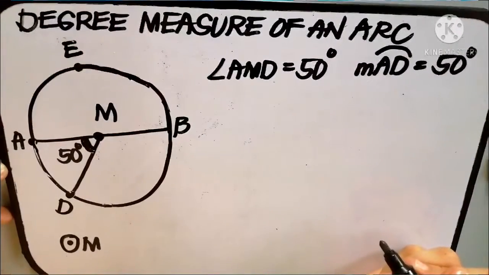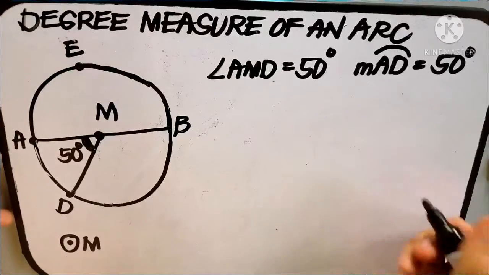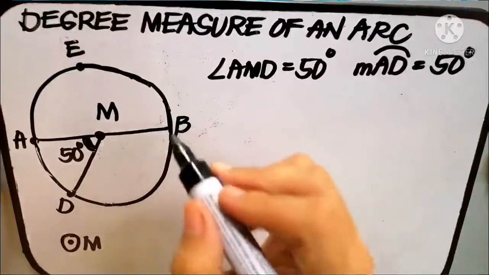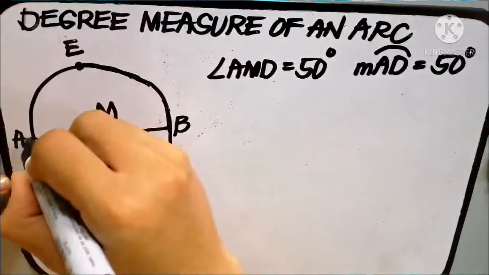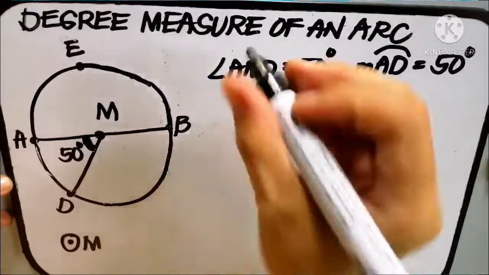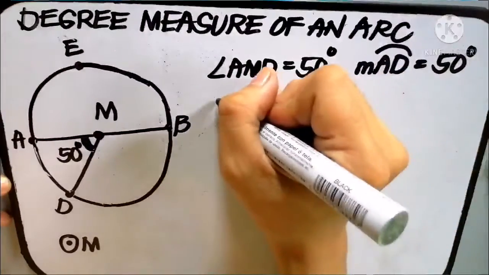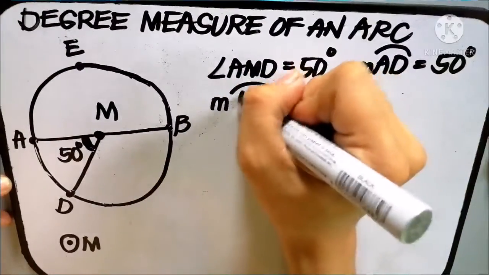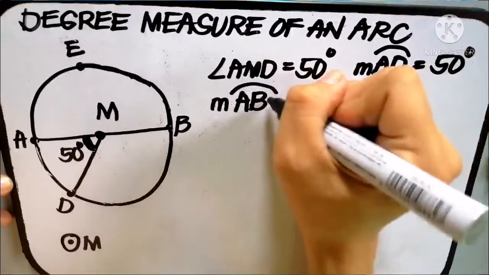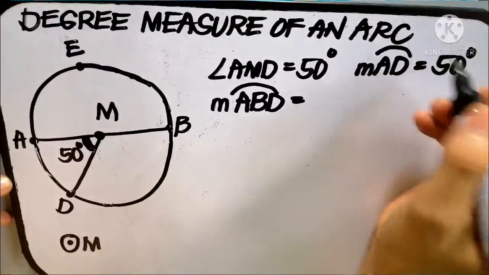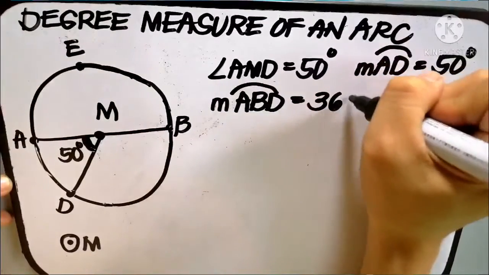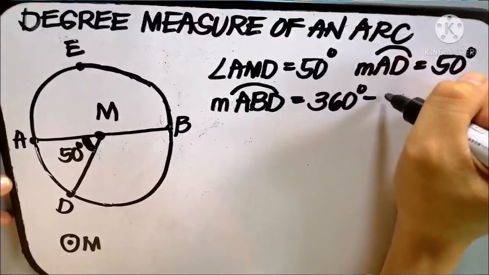Now for the major arc, the degree measure of a major arc is equal to 360 degrees minus the measure of the minor arc with the same endpoints. So if we are going to get the measure of major arc ABD, since we know that the measure of arc AD is 50 degrees, we just subtract 50 degrees from 360 degrees.